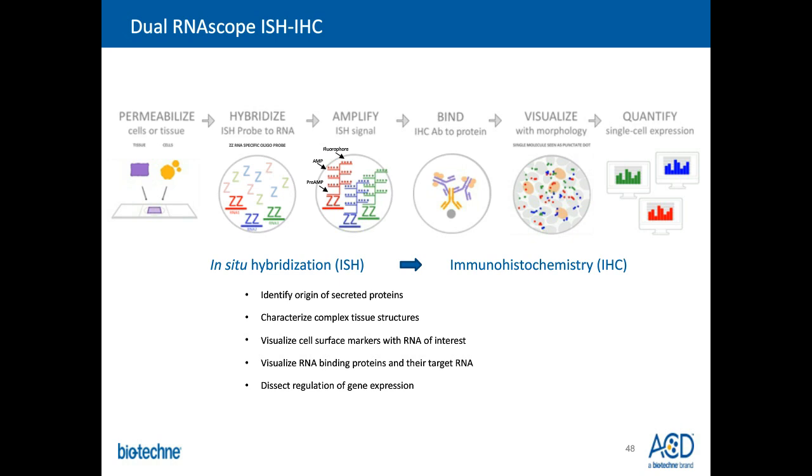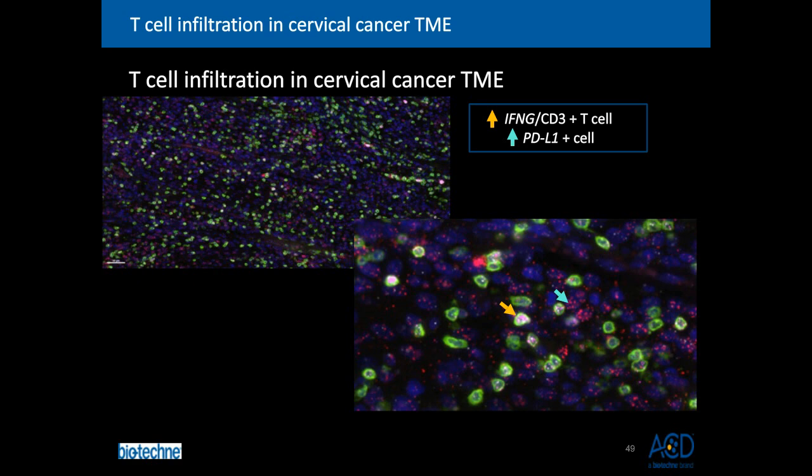Here is a good example of how we have visualized the expression of different markers to characterize immune cells in cervical cancer tissue. Using the CD3 antibody, we have identified the T cells, and then using RNAscope, we have visualized gene expression for interferon gamma, PD-1, and PDL1 within these immune cells.